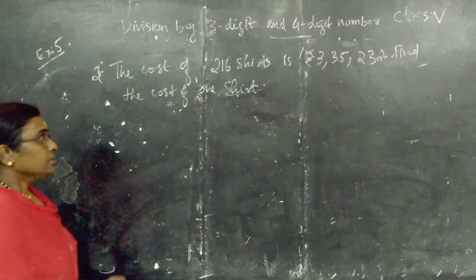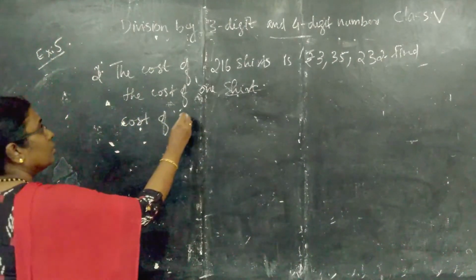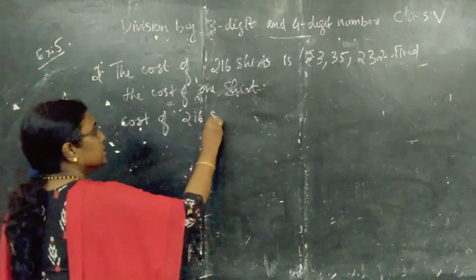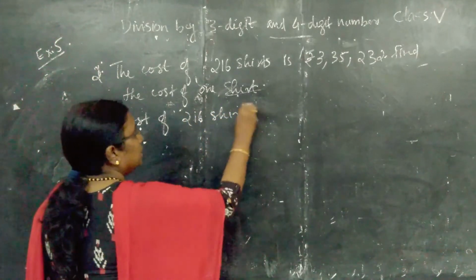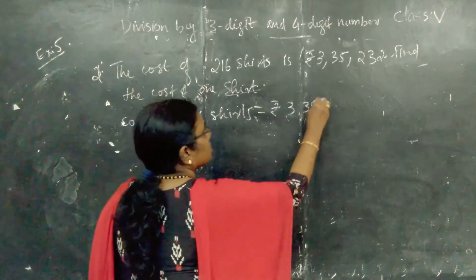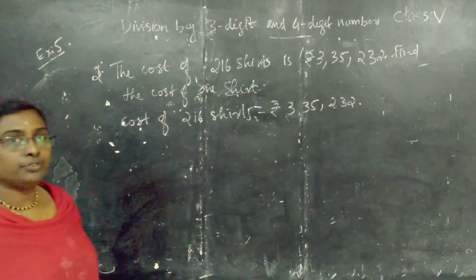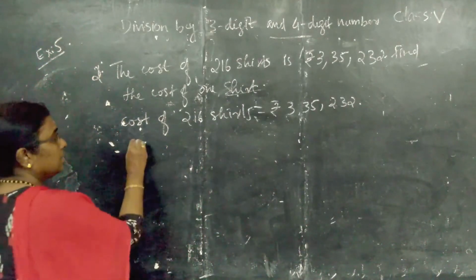Okay. So what are the steps here? Cost of 216 shirts equal to rupees 3,35,232. We have to find the cost of one shirt.